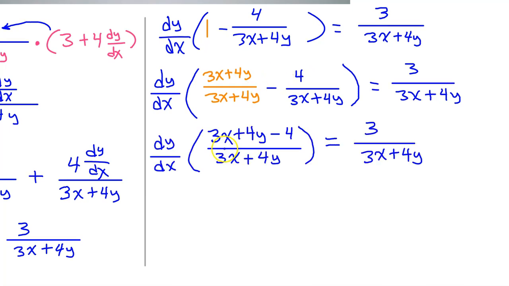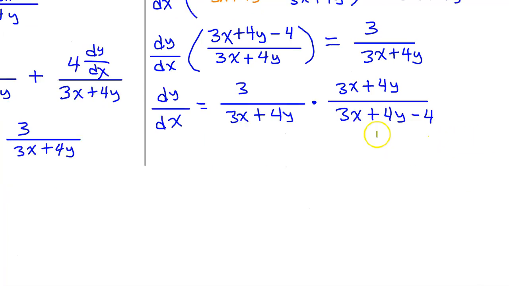Now we can get dy/dx by itself by multiplying by the reciprocal of this fraction on both sides of the equation. When we multiply by the reciprocal of this on this side, it cancels out. So really, this is just going to wind up over here, but it's going to be the reciprocal. Be careful, you cannot cancel these out because these are connected by subtraction, and you cannot cancel out things that are connected by addition or subtraction.